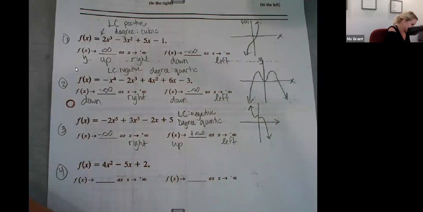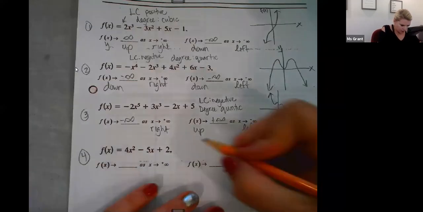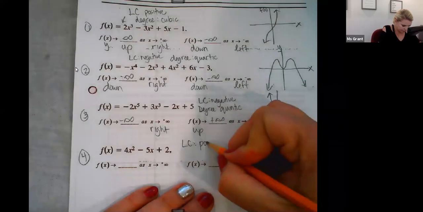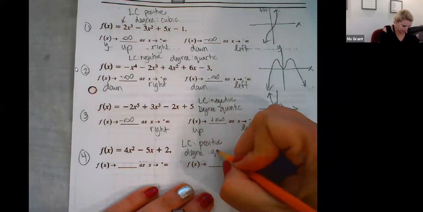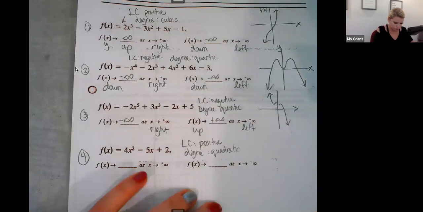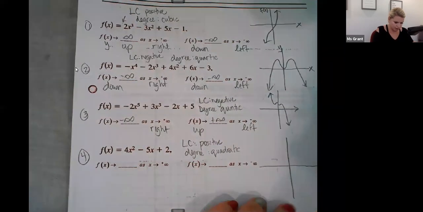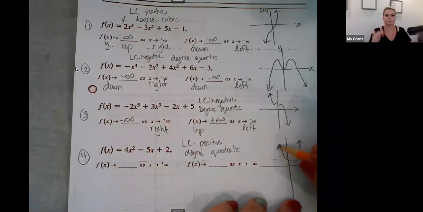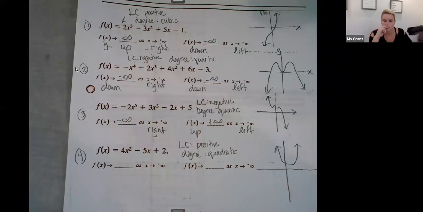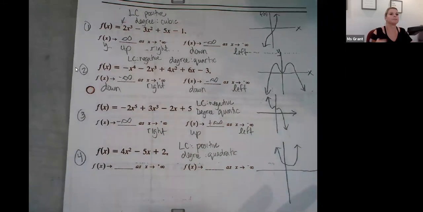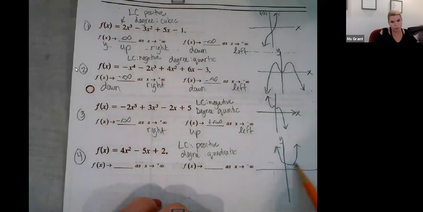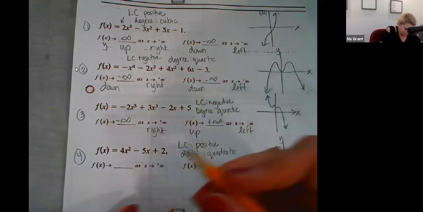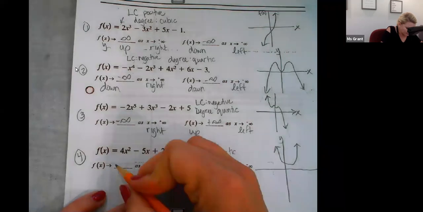Fourth one. My leading coefficient is positive. My degree is quadratic. It's just a parabola, guys. As x goes more to the right, my y actually goes up.